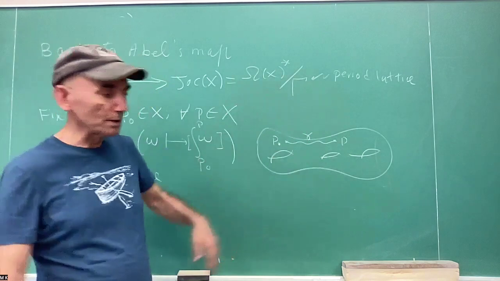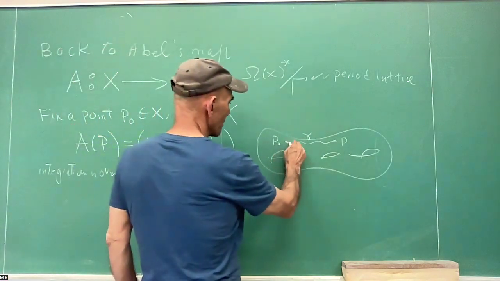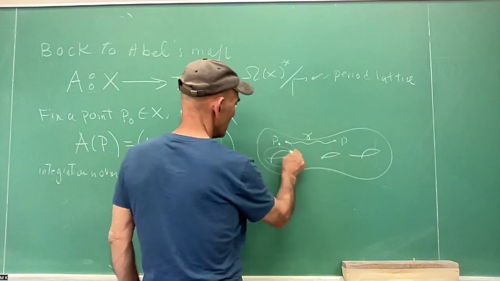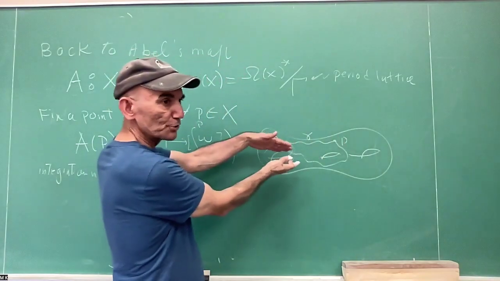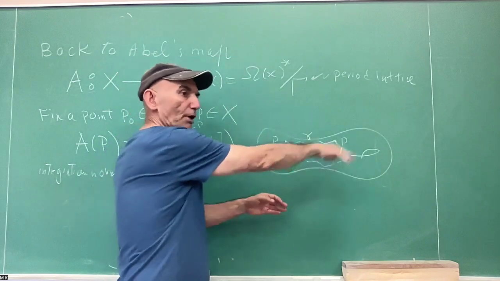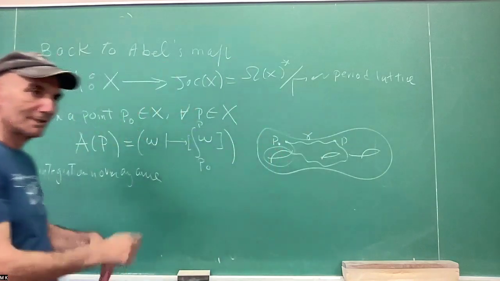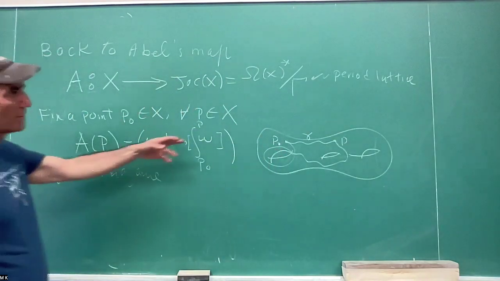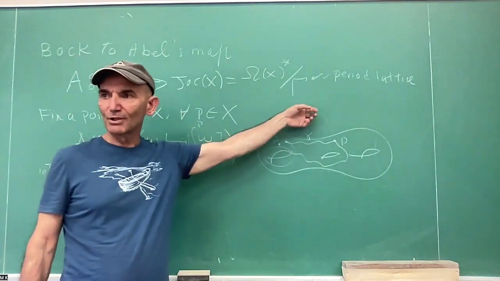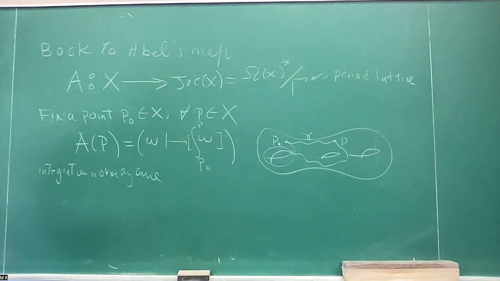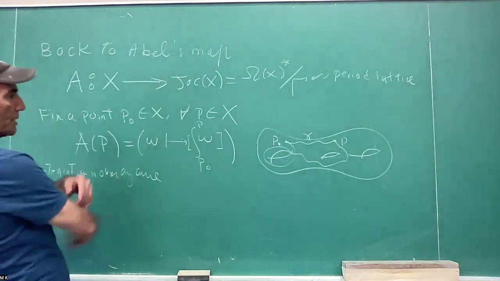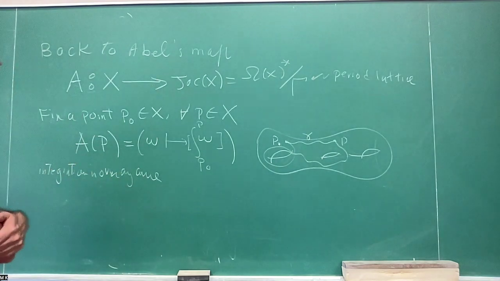If you take another curve, for example like this, the difference between these two values is integration along one loop, and these loops are taken care of by the lattice. We are dividing by this gamma. So that completely kills the ambiguity, and as a class, this is completely well defined. So this is the map.